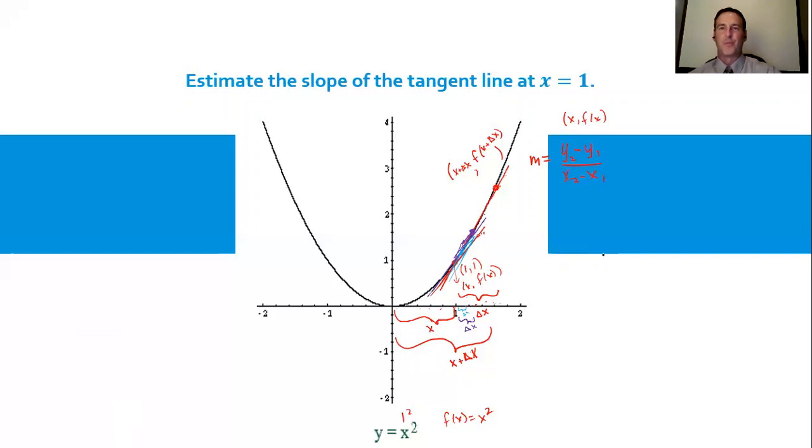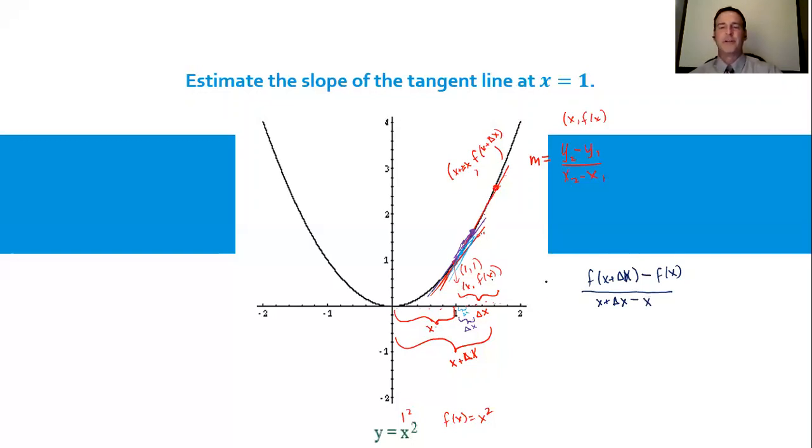Now the slope is y2 minus y1, so it's this monster f of x plus delta x, minus y1, which is f of x, all over x2, minus x1, which is just plain x.